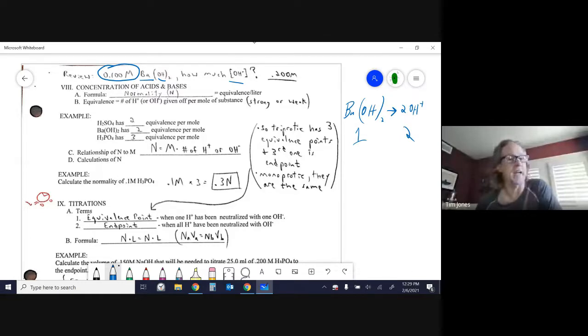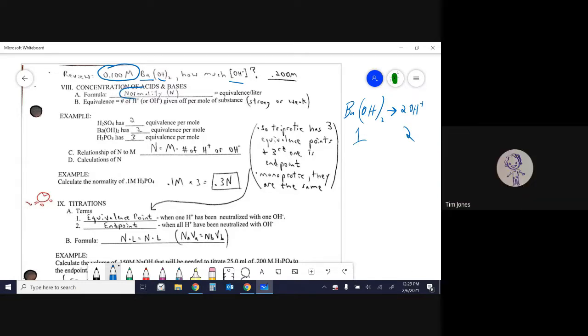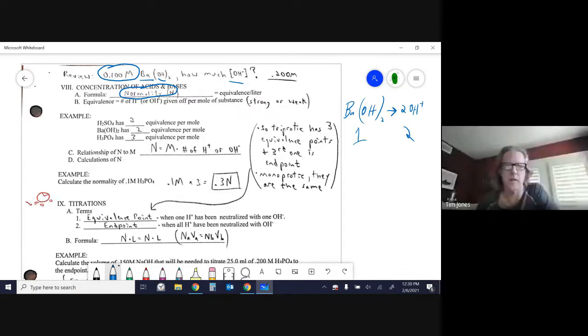It's called normality, and the symbol is a capital N. It essentially is the same thing as molarity, but adjusted for how many things are given off. In the case of a base, the thing is a hydroxide. In the case of an acid, the thing is an H+. The number of things that are given off is referred to as the equivalence.